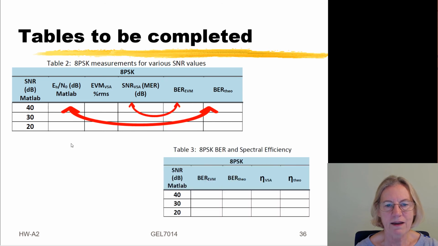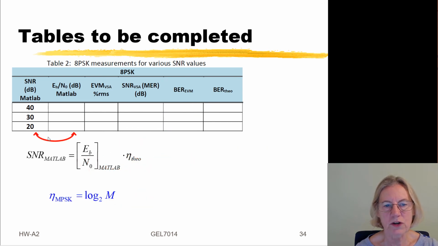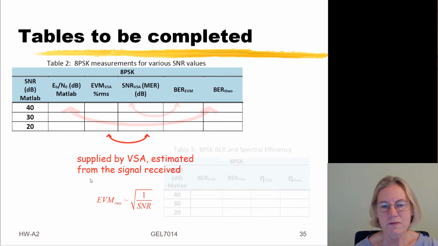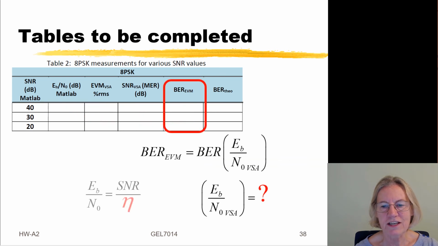If I go back, here I said that when you're calculating in this column to just use this theoretical one. And the question is, what should you also use to do the conversion here? Should you also use this spectral efficiency, or should you use a spectral efficiency which is calculated inside the VSA software?